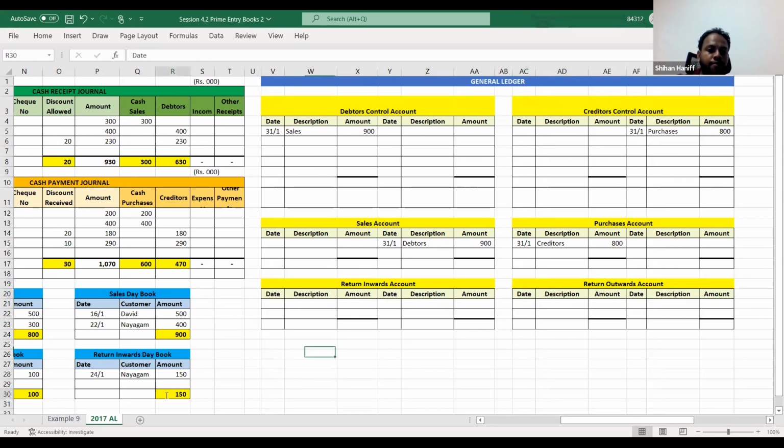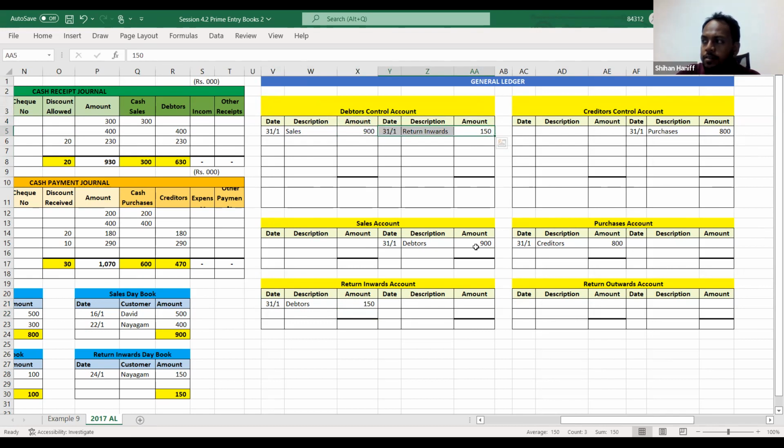Return inwards 150. Debtors account credit. Return inward account debit, $150. Return inward account debit, debtors control account credit. It's the double entry.